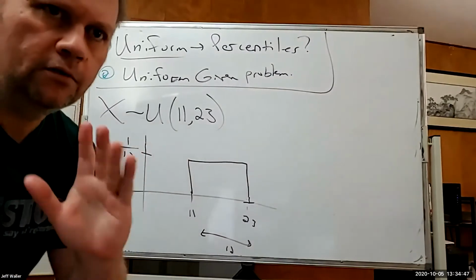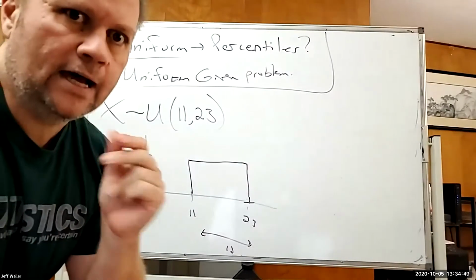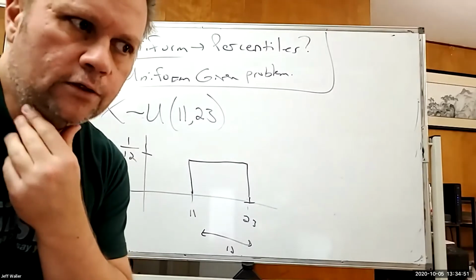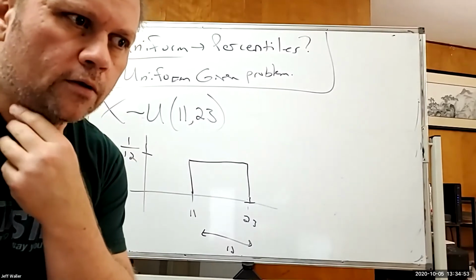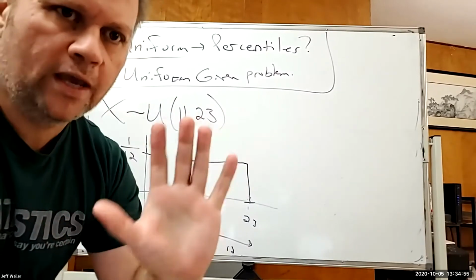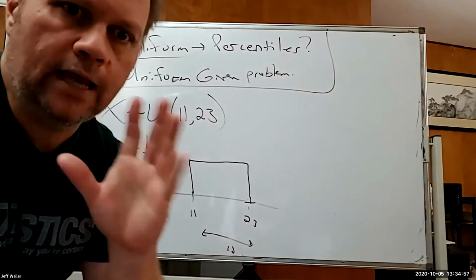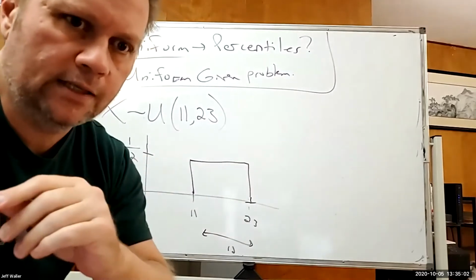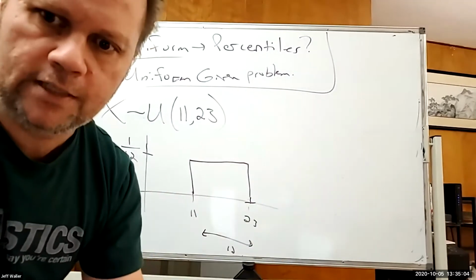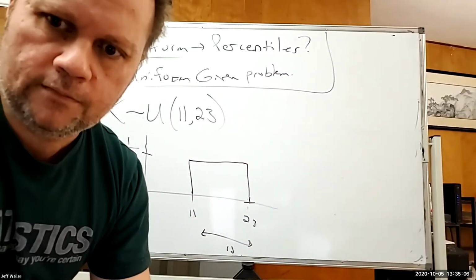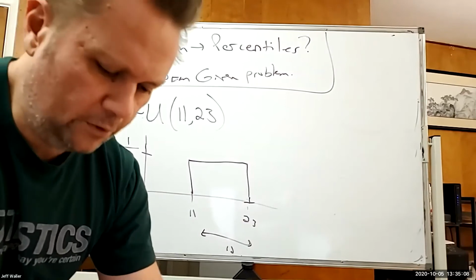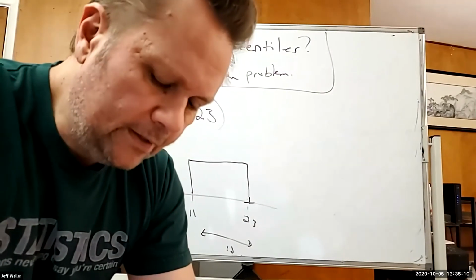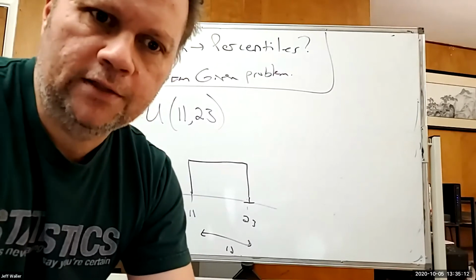Now, real quick, if I had a 20-sided die, and nobody's weighted the die, how likely is it to get a 7? It's 1 out of 20. It's only 20 sides.